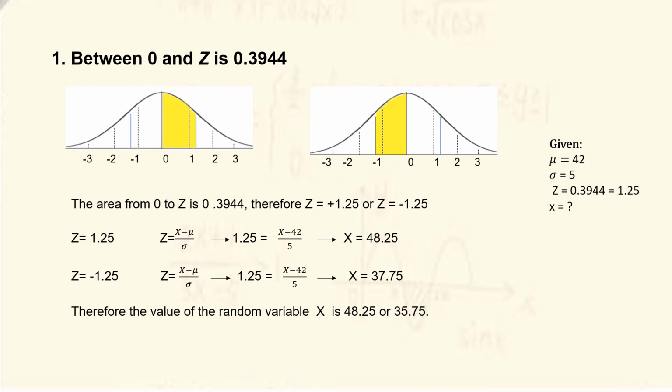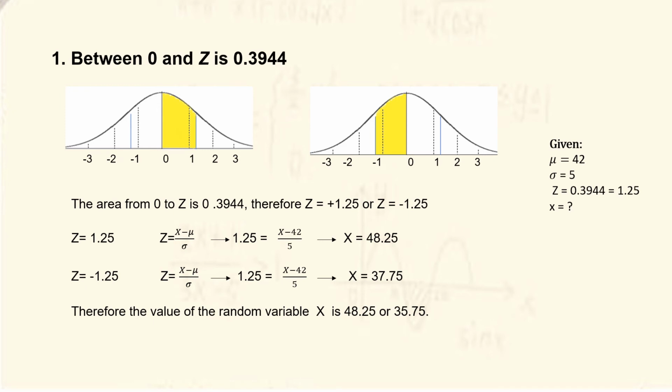Z is equal to 1.25, so 1.25 is equal to x. X variable is written because x doesn't have a value yet. Minus 42 all over 5 or the population standard deviation. And then the value of x or the answer is 48.25.